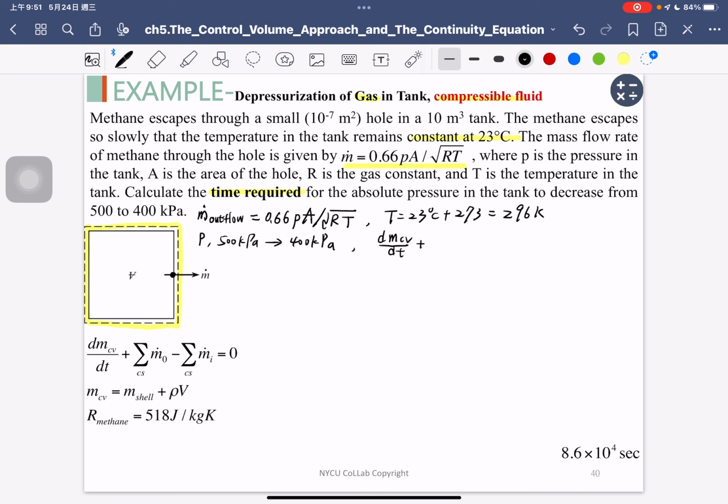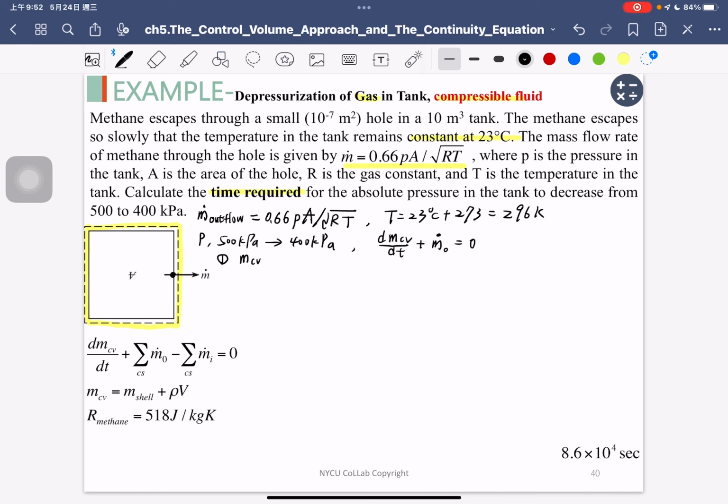Here we only have one flow out, and there is no inflow. So we can rewrite the continuity equation as dm_CV/dt plus the mass flow rate out equals 0.